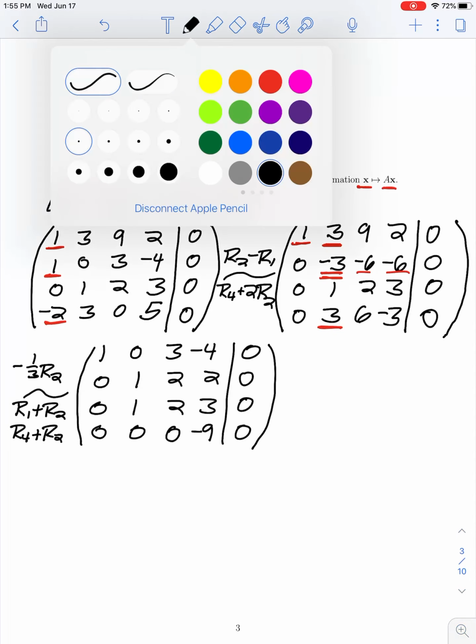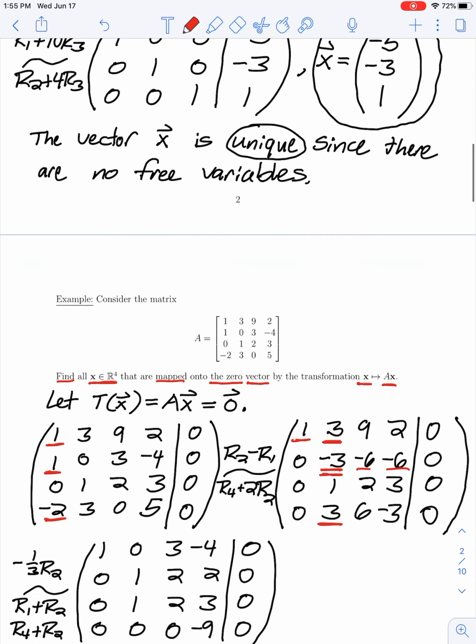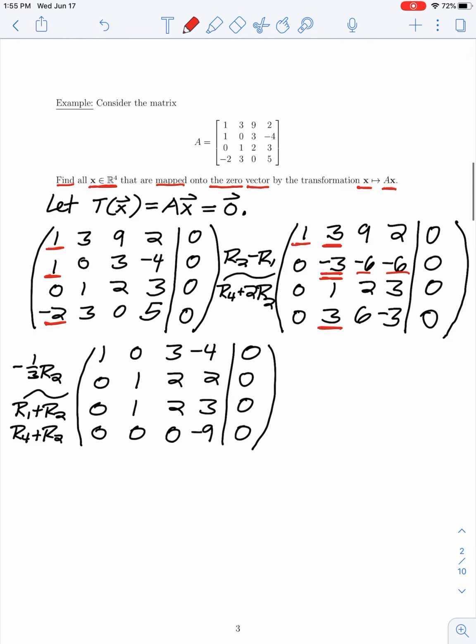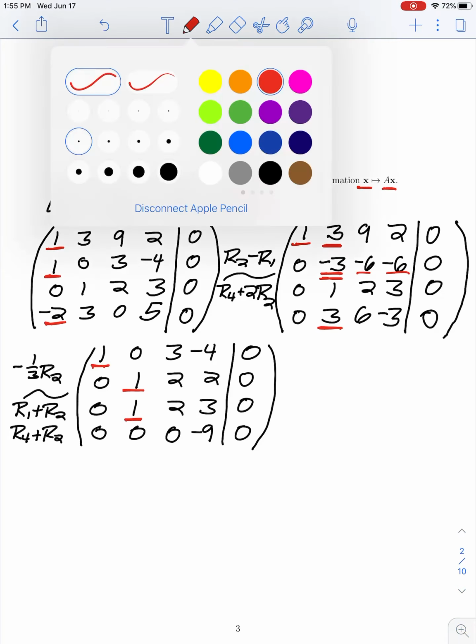All right. So now I have a 1 as the leading entry of my first row with zeros below it. I have a 1 as the leading entry of my second row with zeros above it, I just need to eliminate the 1 below it.